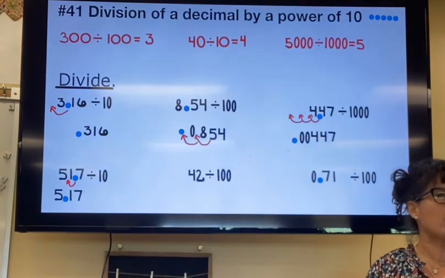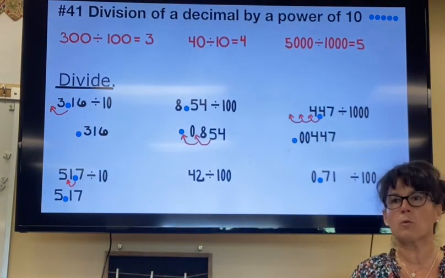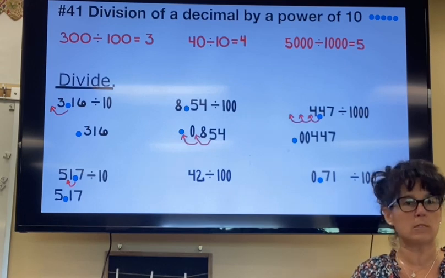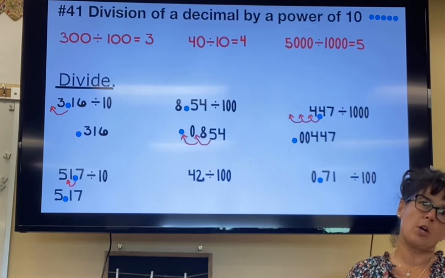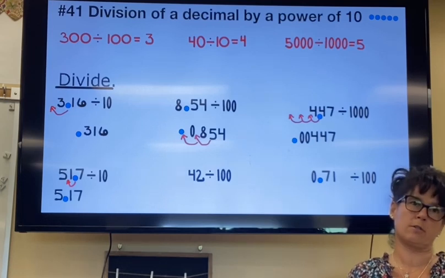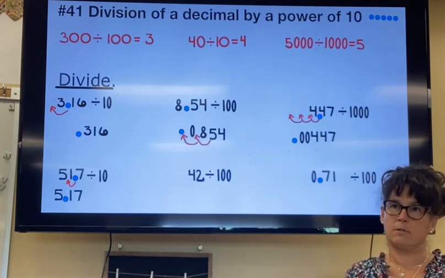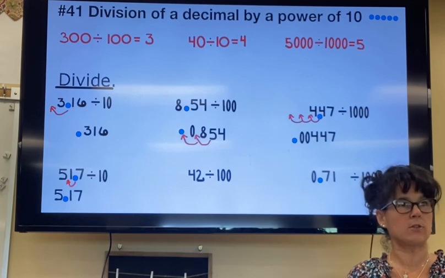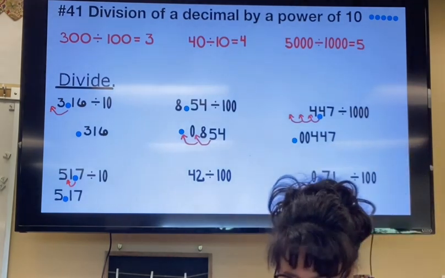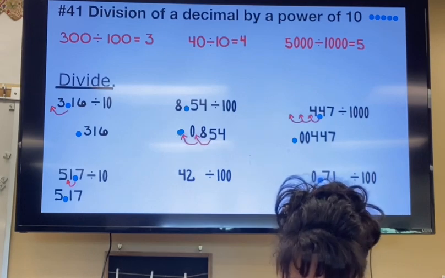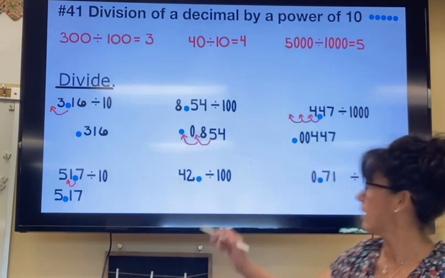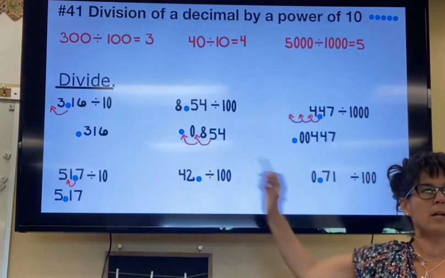Now in 42, I don't see the decimal point. Does anybody remember where a decimal is if you don't see it? What if I said $42? $42 is 42.00. Okay, so we don't see the decimal point, but I'm going to go ahead and put in the decimal point right there because 42 has a decimal there that we don't see.